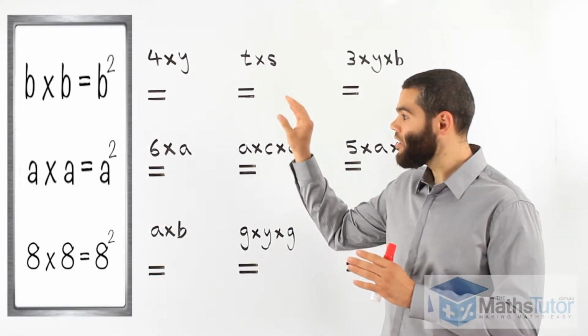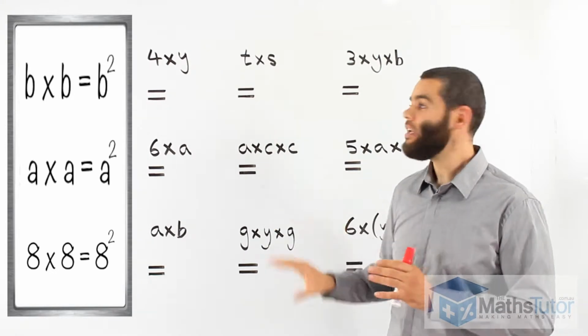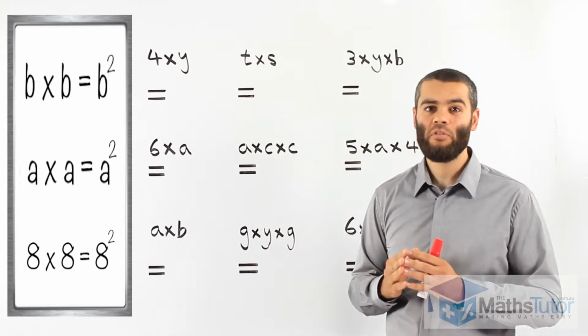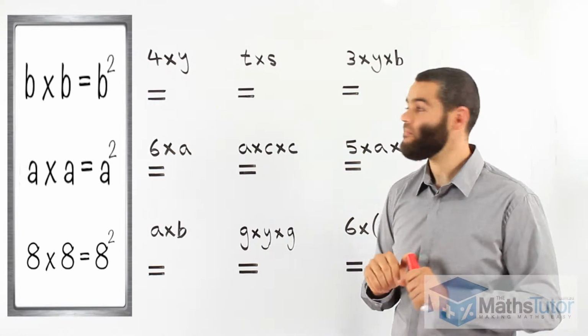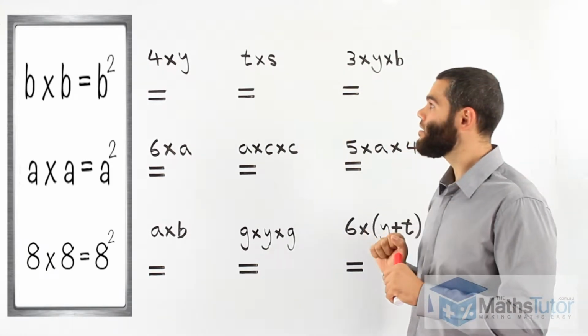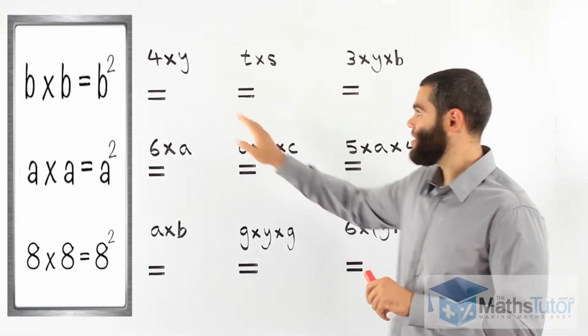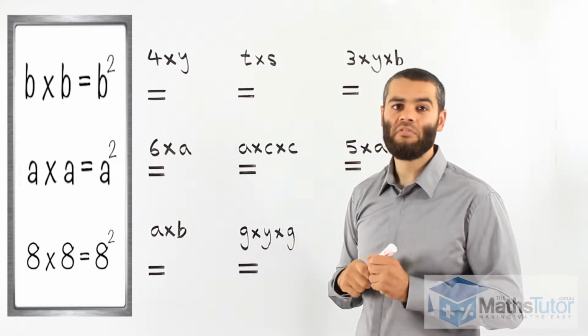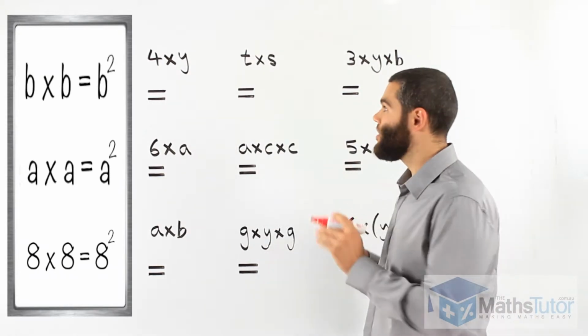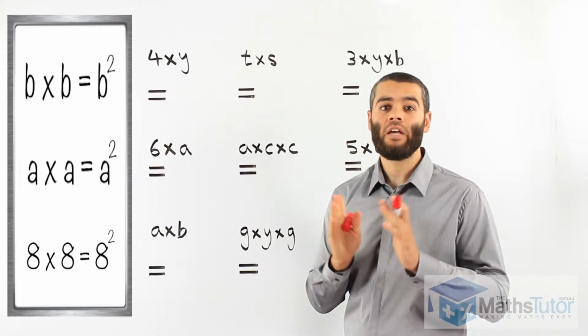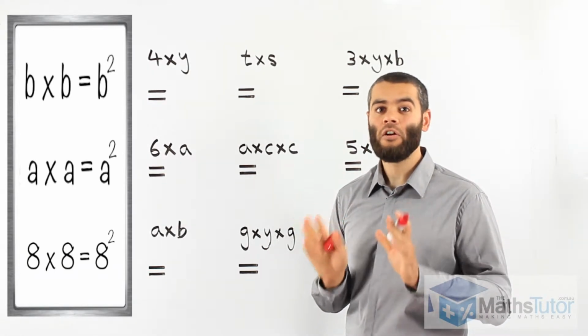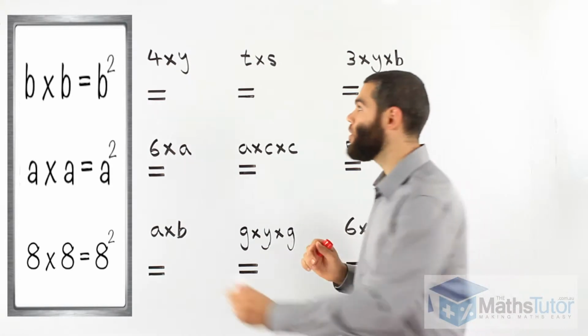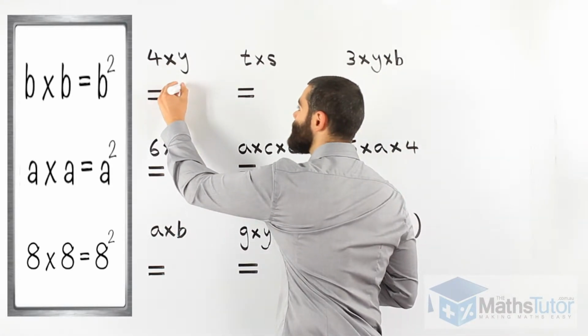Now that we've understood the basics, this is the theory, let's start by applying it to some examples, and you'll see it is very easy. Looking at this example here, where it says 4 times y. So we said the rules are, we get rid of the multiplication sign. 4 times y, in algebra, we just write it in simple form, 4y.